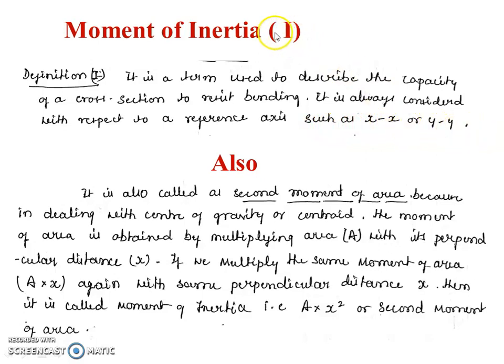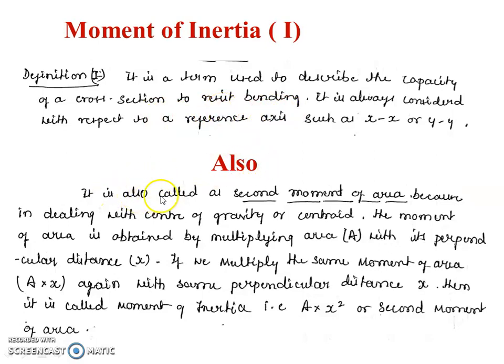This moment of inertia is denoted by the capital letter I. See here, it is the cross section or geometric shape that has some capacity to resist bending. That is called moment of inertia.